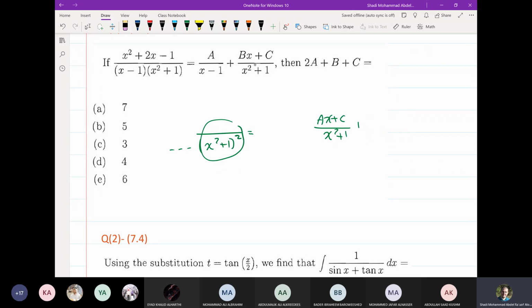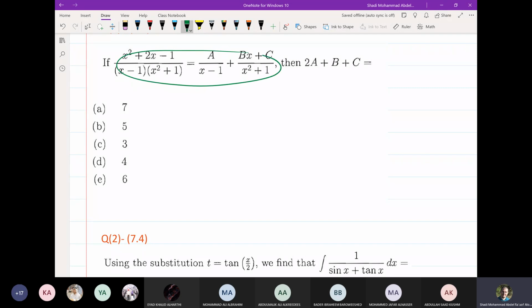We will see another example like this one, but firstly let me remind you, I'm sure that all of you know this technique, but let me show you how we can find all of these constants. First of all, you need to put all of these fractions with the same denominator. So I'll multiply this one by x squared plus 1 up and down, and this one by x minus 1 up and down.